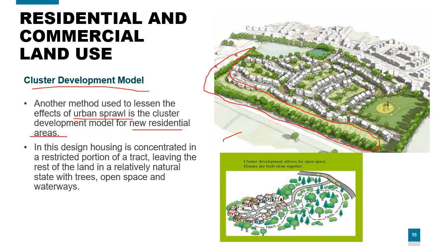So, kung makikita ninyo, may mga spaces pa din which is for the environment, okay? Or for habitat of the other animal. In this design, housing is concentrated in a restricted portion of a tract, leaving the rest of the land in a relatively natural state of trees, open space, and waterways. Di ba?